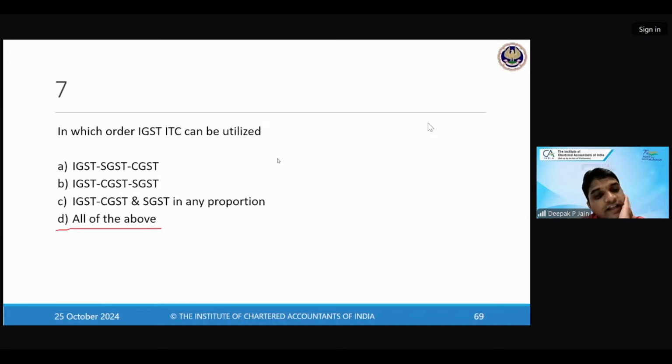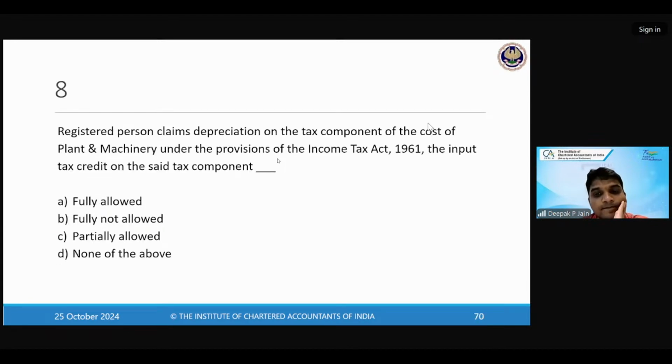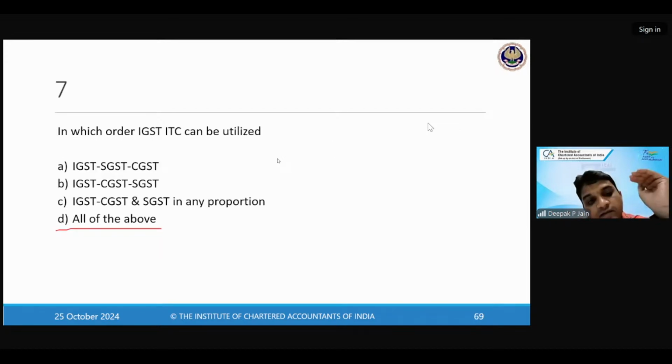So answer is D. Anything is possible. Very tricky question this is. Not C. Most of you have given the wrong answer for this previous question. It is D because this is also possible, this is also possible, and this is also possible.